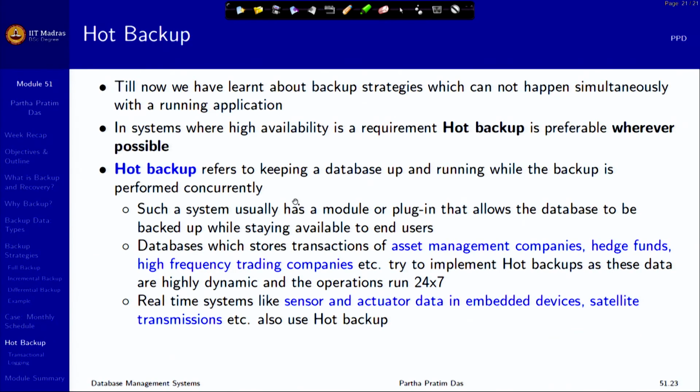But what is important is hot backup. What if your system goes down when it is actually in operation, right, which is quite possible.